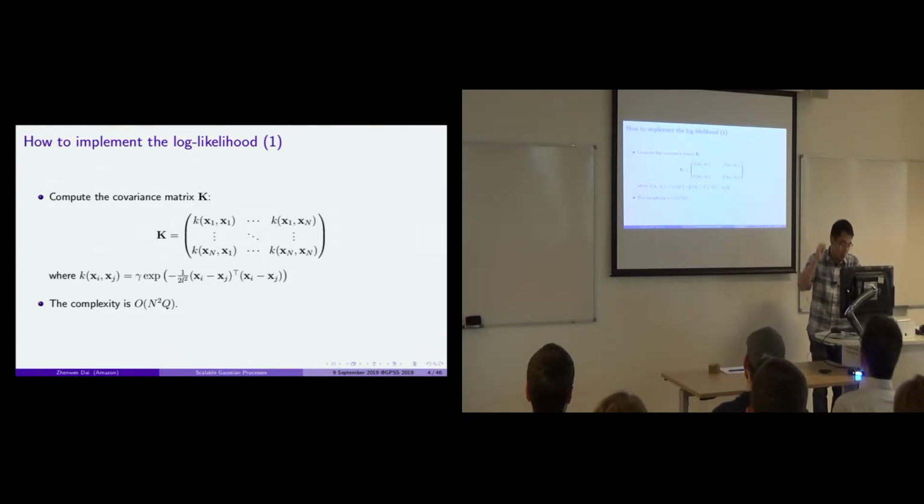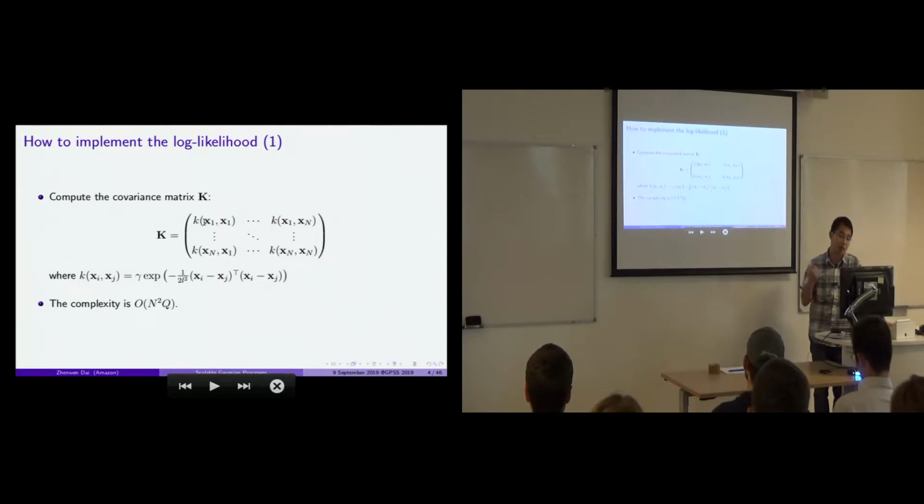In both of these two types of tasks, one central component we compute is the covariance matrix. Given capital N data points, we compute a covariance matrix K, which is n by n.